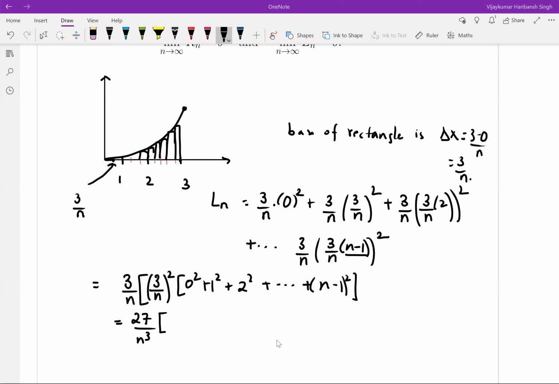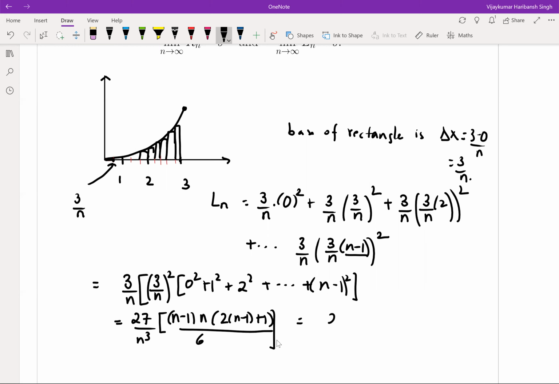Do you know a formula for this? This is the same as the summation i squared formula, but with n minus 1. So this is going to be n minus 1 into n into 2 times n minus 1 plus 1, divided by 6.